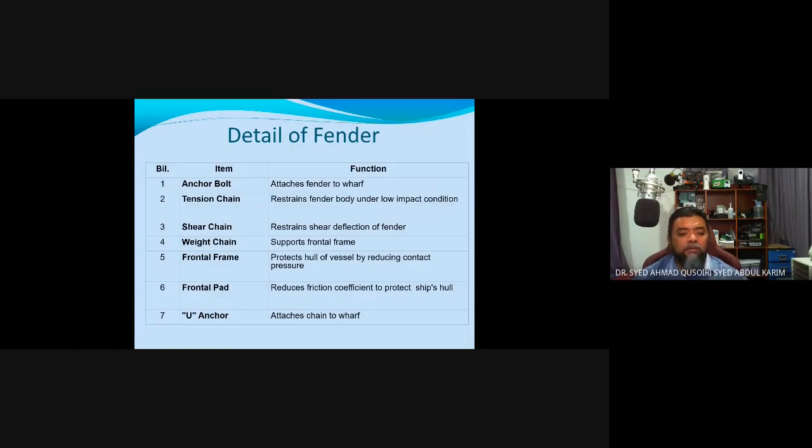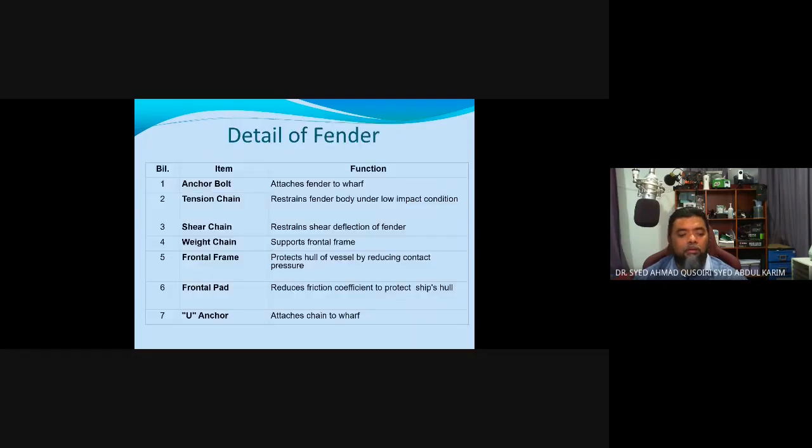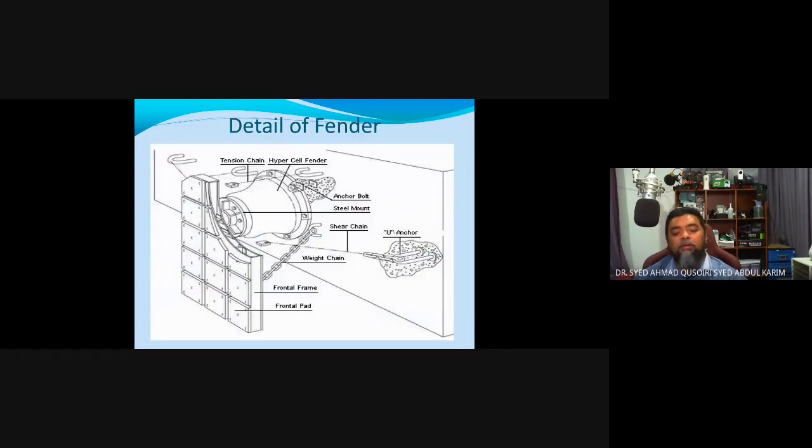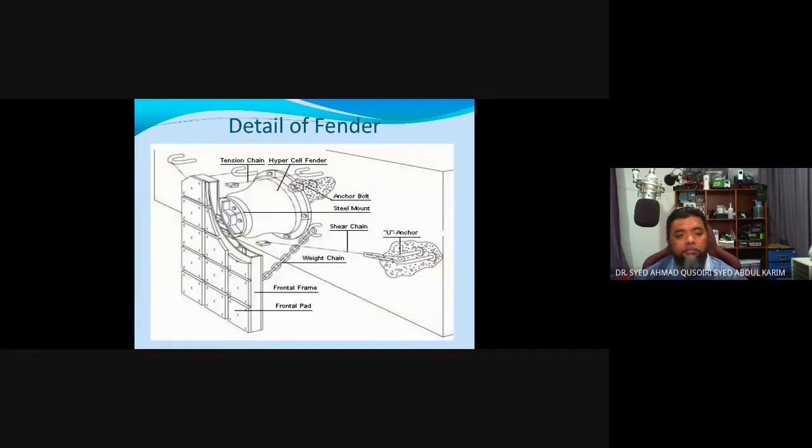Frontal frame. This is part that will be in contact with the ship. Frontal pad here is made out of rubber. And the U anchor.